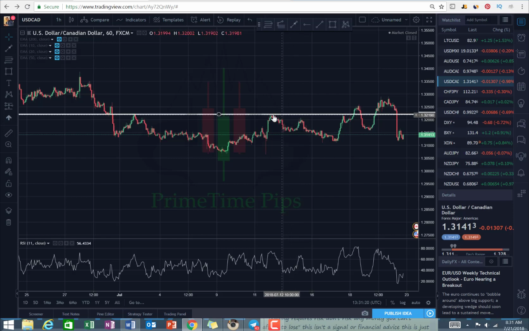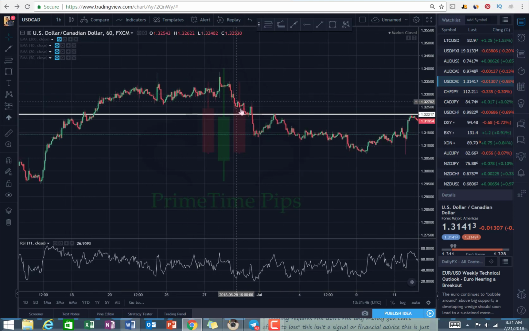Once it has retested multiple times and doesn't get past it, I see that this is a very, very nice resistance point. So what makes a support and resistance good is if you have multiple touches on it, as resistance and support.